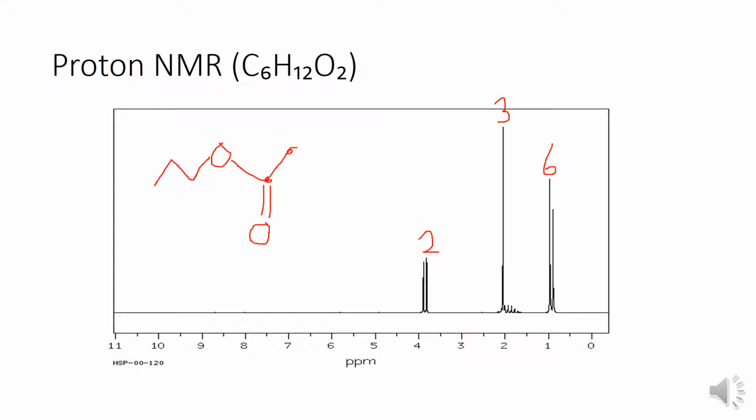But we do know we have the splitting of some of our hydrogens, so that would mean that we need to also have another carbon right here. So now we have a total of 6 carbons, 1 here, 2, 3, 4, 5, 6.